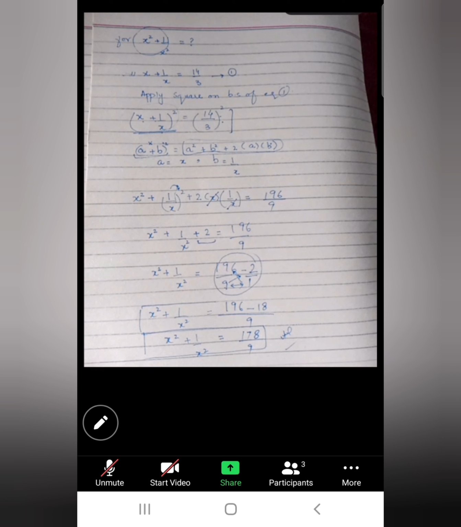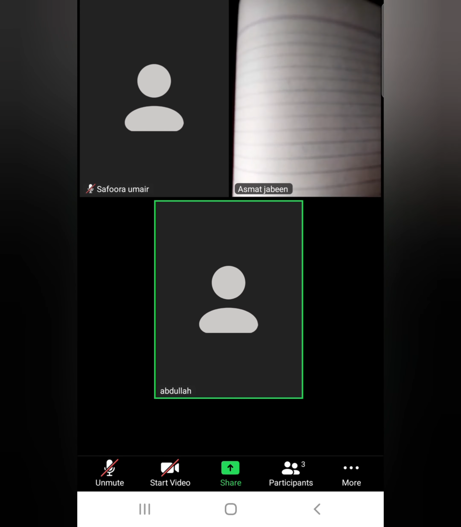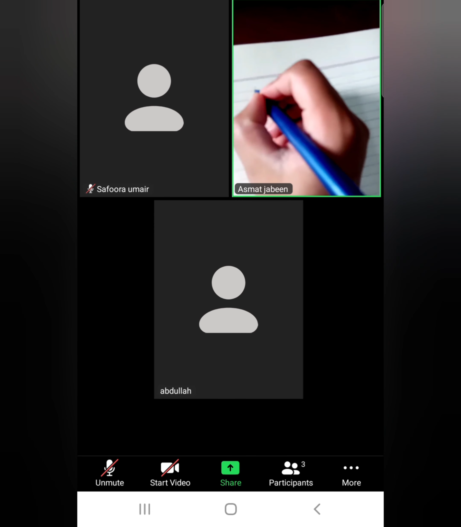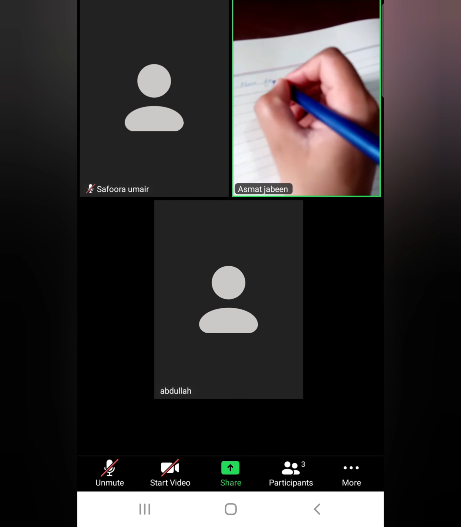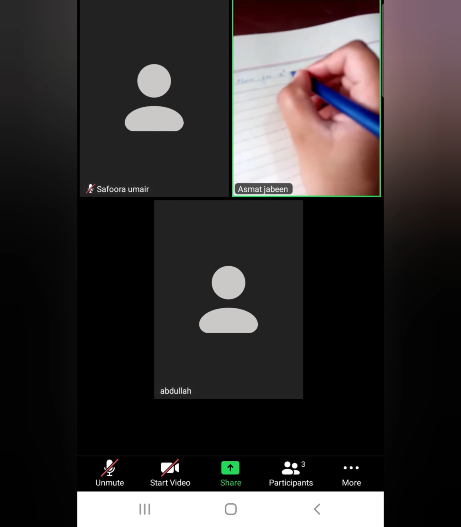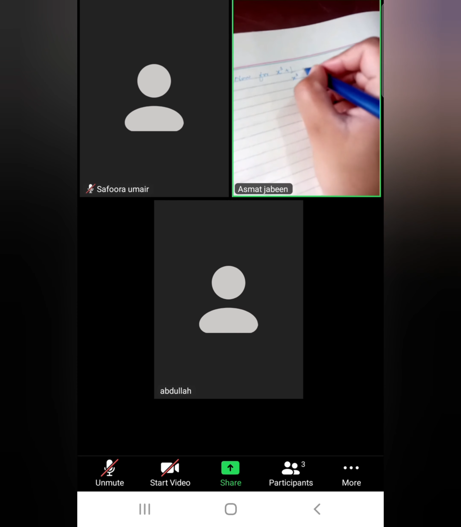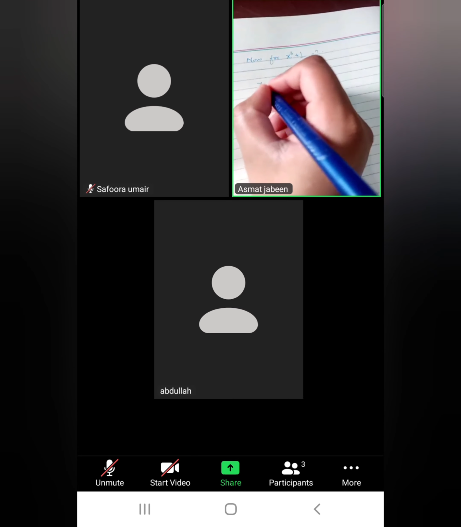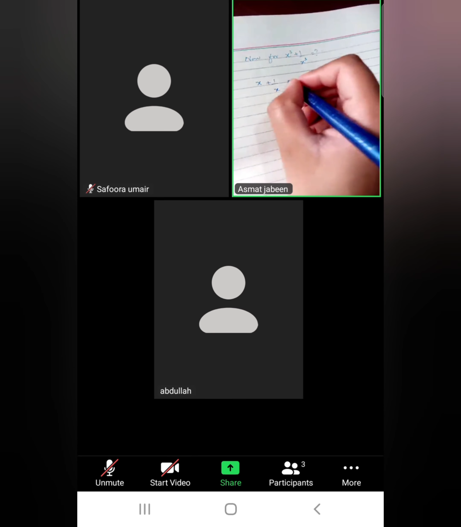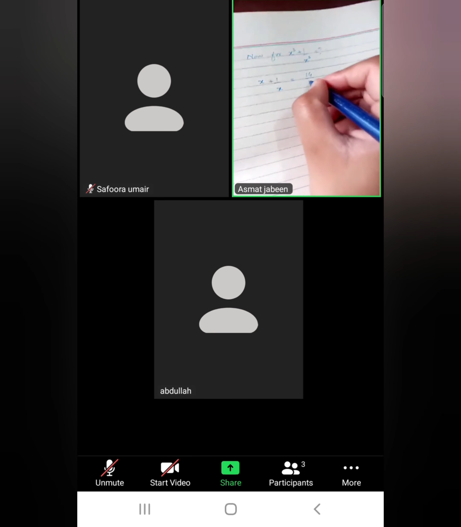Okay, now to get the value of x cube plus 1 by x cube, you will write now for x cube plus 1 by x cube. Now for this, apply: the equation number 1 was x plus 1 by x is equal to 14 by 3.